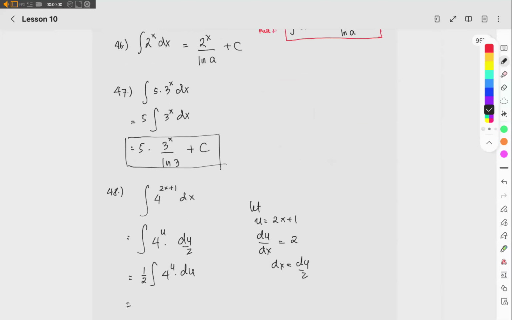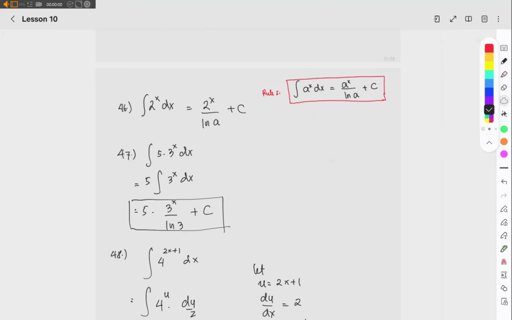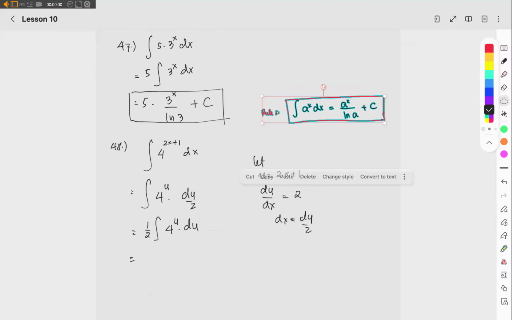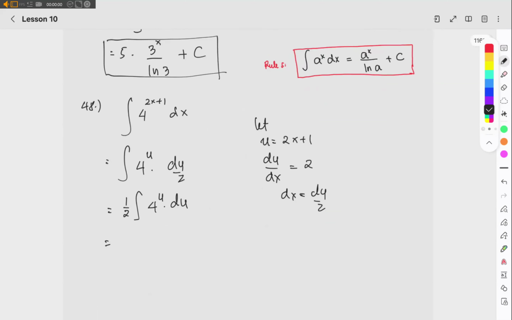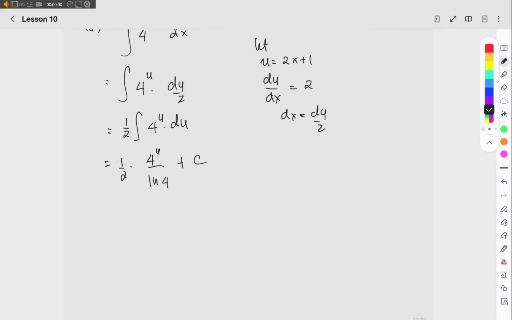That will simply be 1 over 2, 4 to the u over ln of 4 plus c. Now you just substitute the u: 1 over 2, 4 to the 2x plus 1 over ln of 4, plus c.